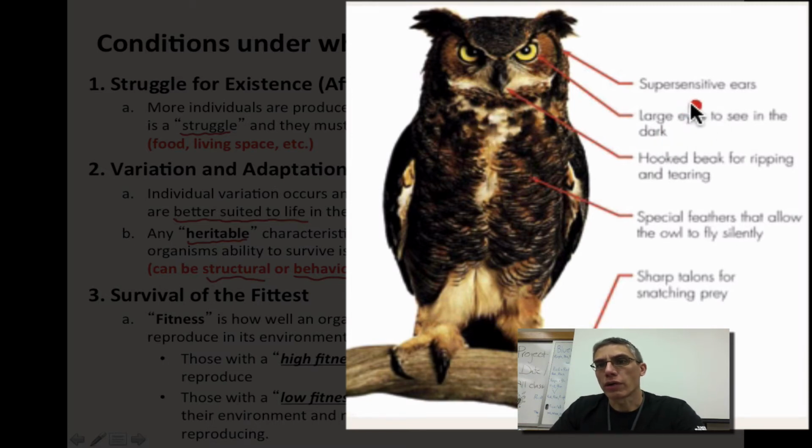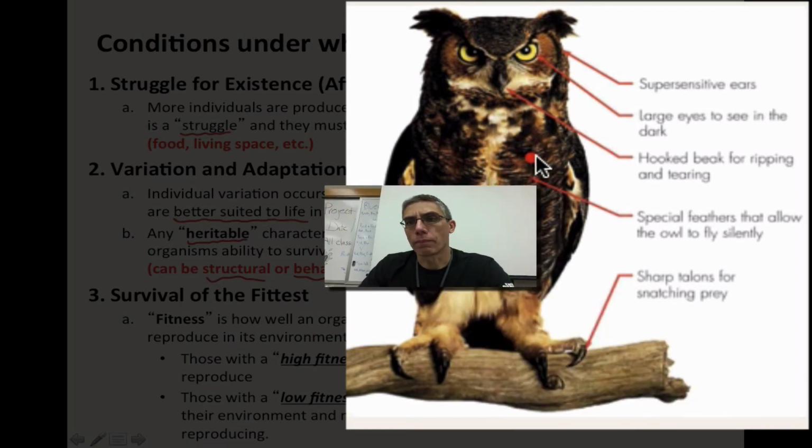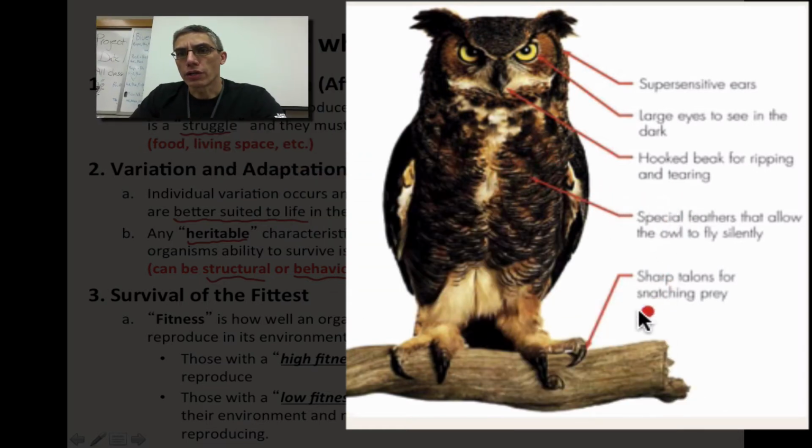They also have super sensitive ears, compared to other birds, because of the type of prey that they hunt, when you think about the voles, the mice, the rats, the rodents that they have to hunt for food. Those ears become very important. Down here towards the bottom, we have the talons that you would find on this type of animal, and of course it is an adaptation that has allowed the owls to grab their food pretty effectively.